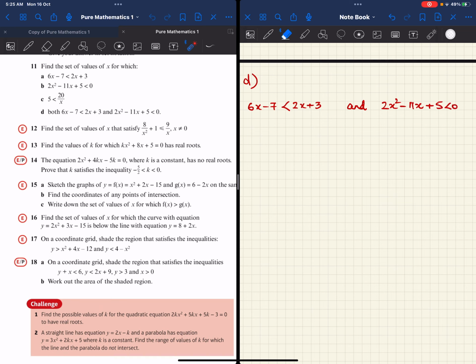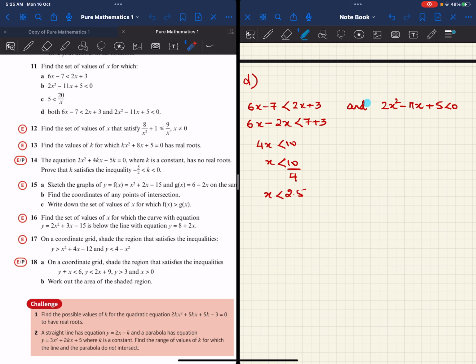So I will solve first this one here. Bringing x terms on one side, I have 6x minus 2x is less than 7 plus 3. So 4x is less than 10. Therefore, x is less than 10 divided by 4, where x is less than 2.5.